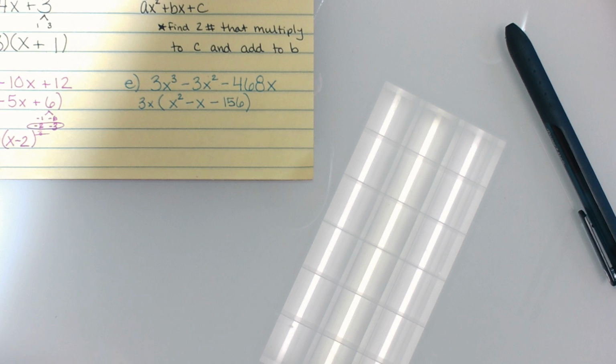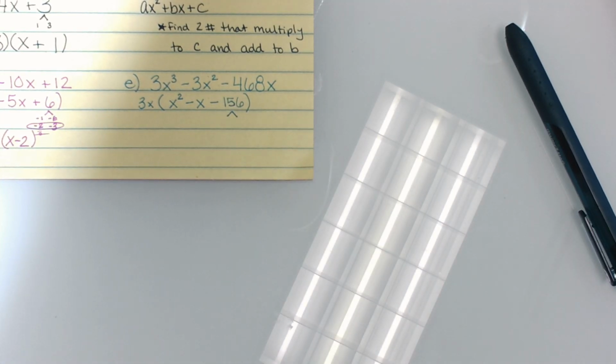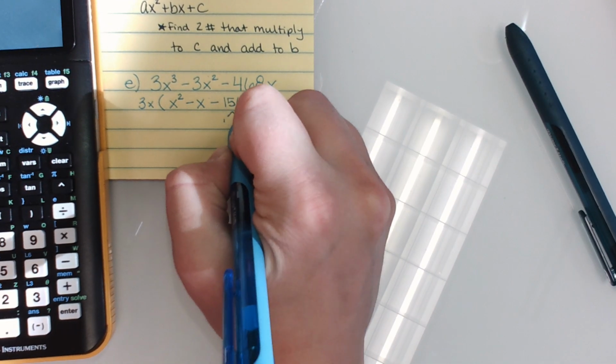Can I do the shortcut? Is there a 1 in front of the x squared? Yes. I could do the shortcut. I'm going to look for two numbers that multiply to negative 156, but when I add them, I get negative 1. If you do not know all the multiples of 156, again, just start saying 1 times what, 2 times what, 3 times what. 1 times 156.